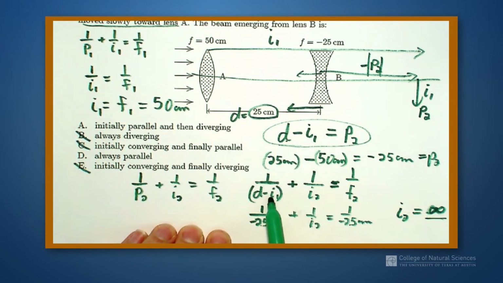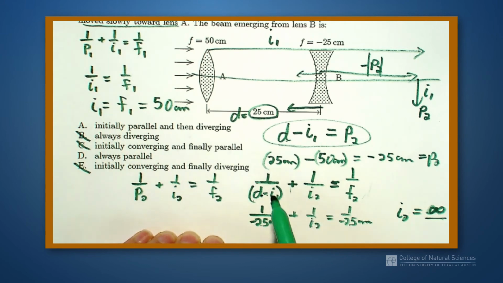So let's go back up to this equation right here. We see that if d gets smaller, and I is a positive number, that means this value gets more and more negative. As this gets more and more negative, this number gets less and less negative, because we still need to maintain the same value. So as d minus I gets larger in a negative number, so the magnitude gets larger, that means this number becomes smaller.